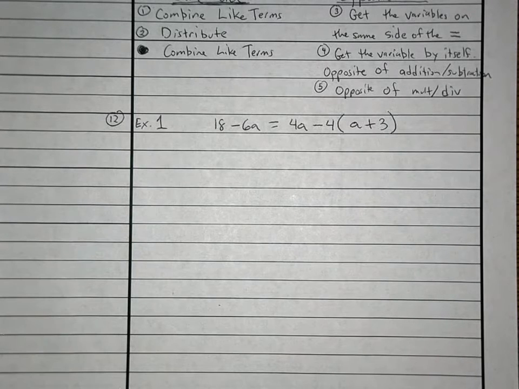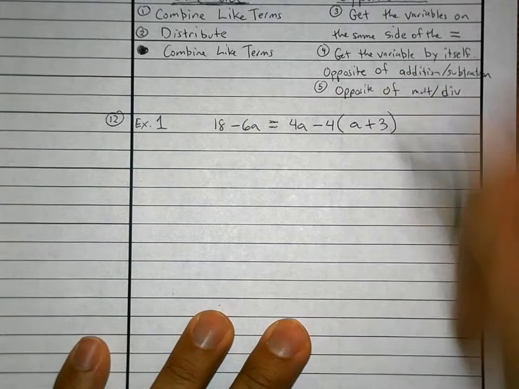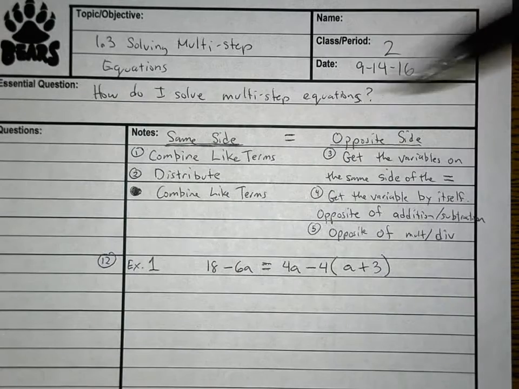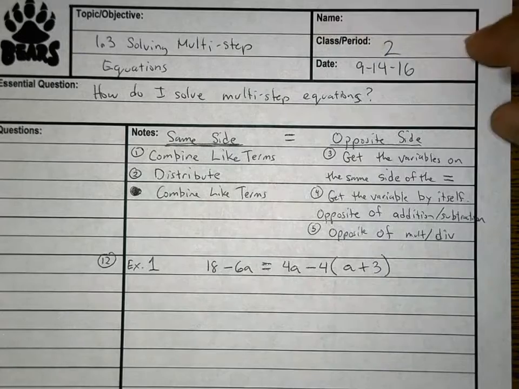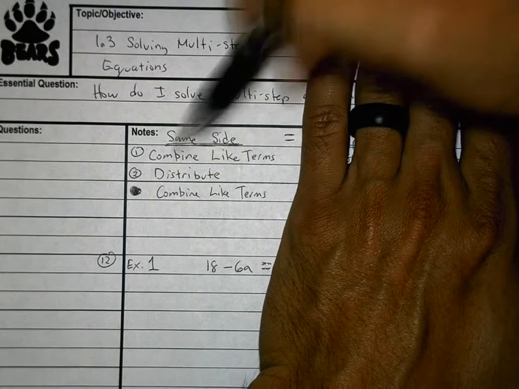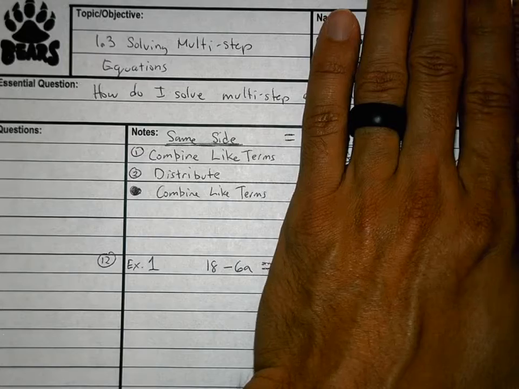What I'm hoping you're going to do after you write this down, here's an equal sign. When I look at your notes and it says same side and opposite side, we're going to try to see if we can do things that are on the same side first, and we're going to try to do 1 and 2 if we can.